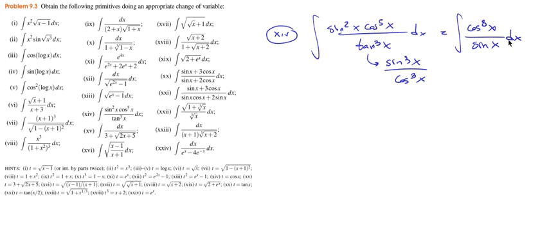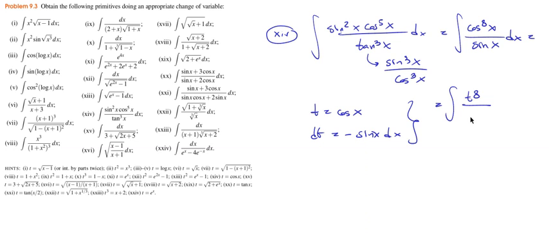So can we find one proper change of variable here? You could try either the cosine or the sine. So let's try the cosine. If t is the cosine, then dt is minus the sine of x dx, right? So this is going to be equal to t to the 8th divided by the sine, with a minus sign.